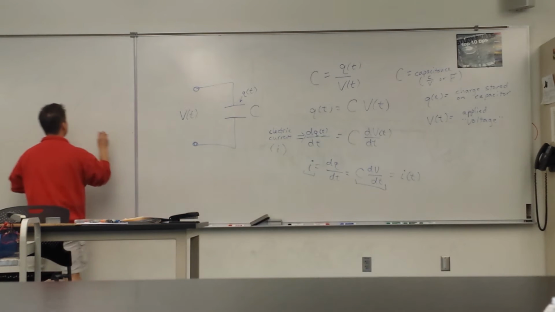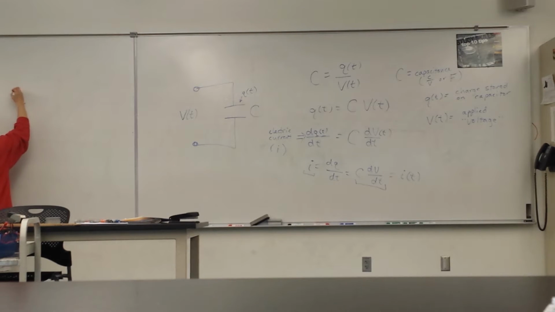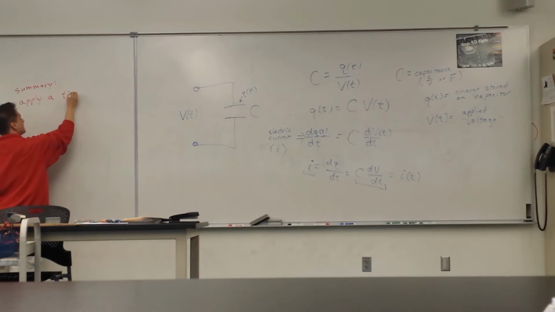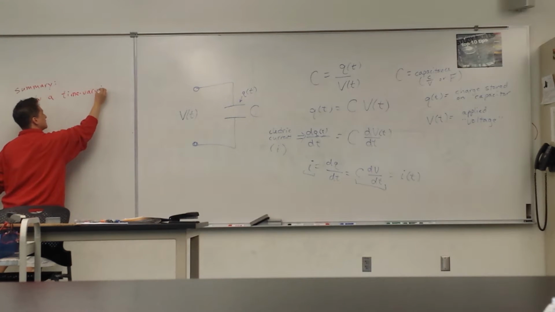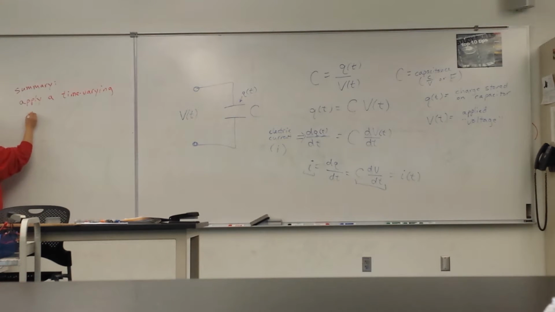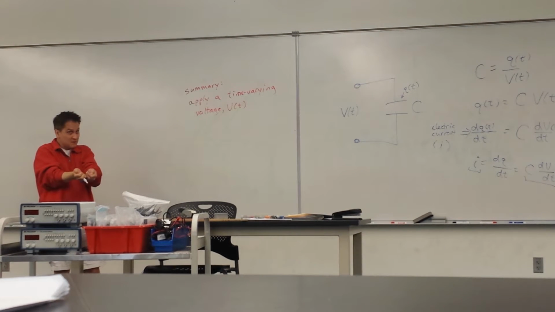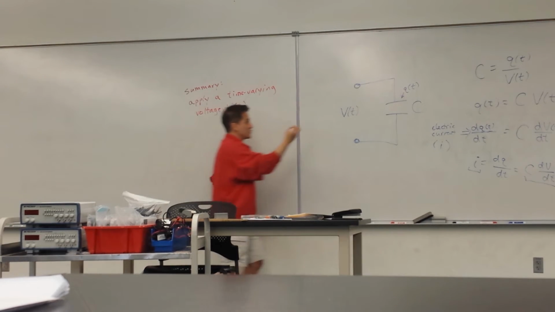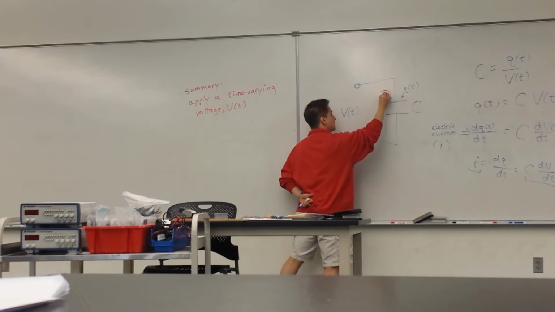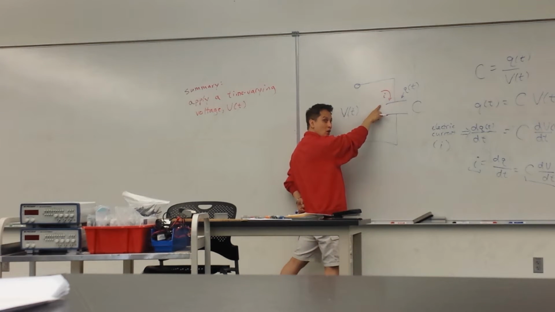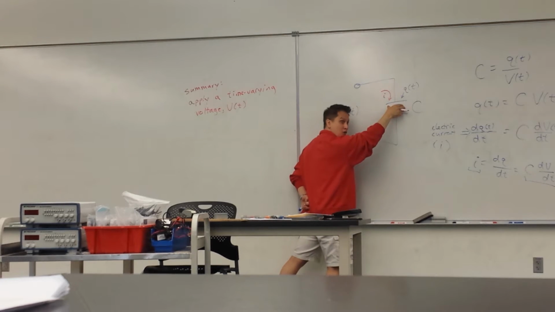So if we were to apply a time-varying voltage or electric potential across the two ends of the capacitor, then the measured current response would be the rate of charge flowing into or out of the capacitor, but never across.